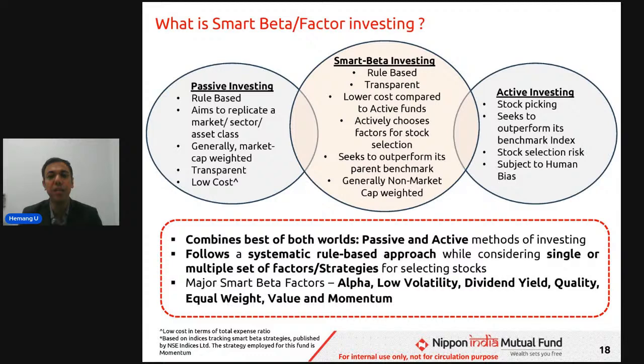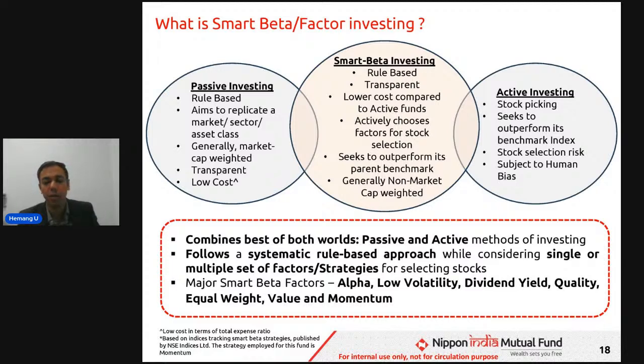So one more feature to add to these smart beta funds is that these are not market cap weighted. So let me take you a bit back again to passive funds. In normal passive funds, and the first circle that I'm talking about is that they are mainly market cap weighted. So Nifty 50, Nifty 500, Sensex, BSE Sensex, BSE Tech, IT, Auto.